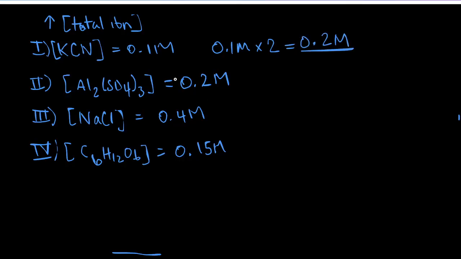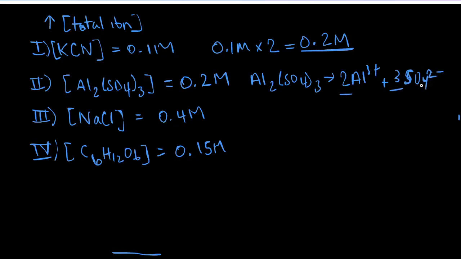Okay, next we have aluminum sulfate. Well, aluminum sulfate is going to dissociate into 2 aluminum ions, right? And 3 sulfate ions. So that is 2 plus 3, or 5 ions in total.